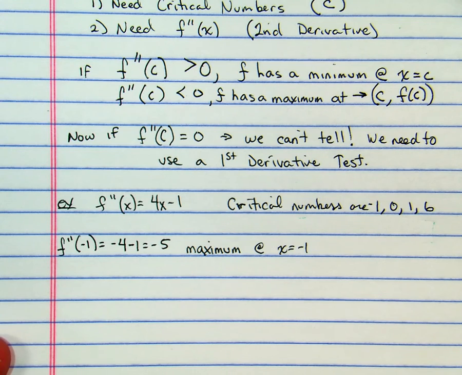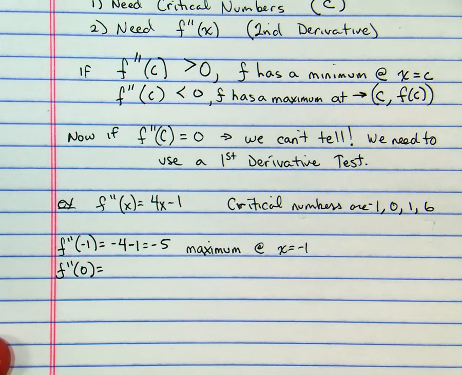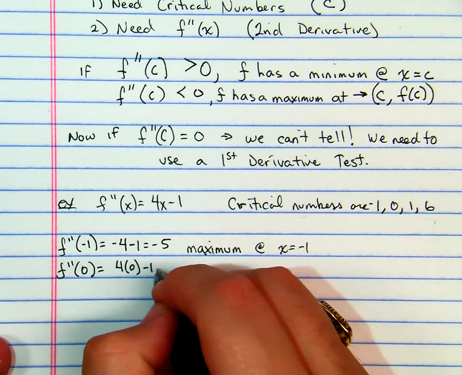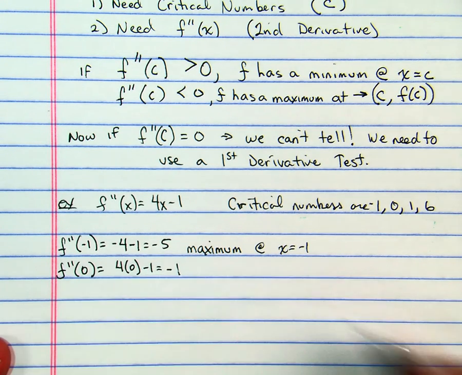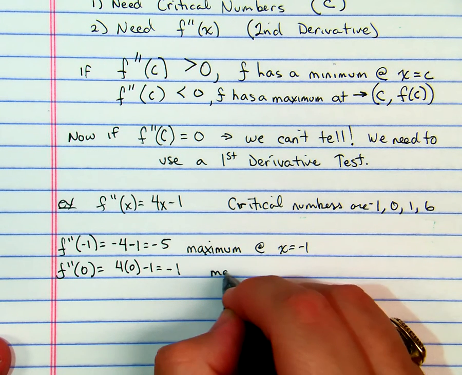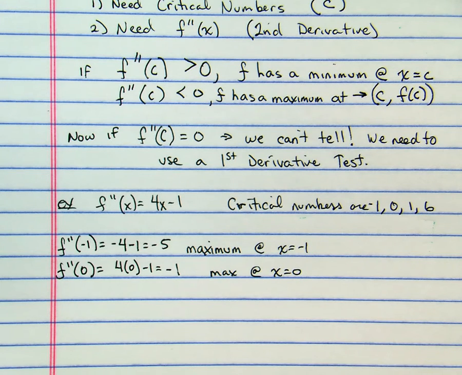Now, if x equals 0, we're going to get 4 times 0 minus 1, which is negative 1, which means we have a maximum at x equals 0. This is an example. It could be a weird function that has an asymptote in the middle of it. So we don't know what the function was.